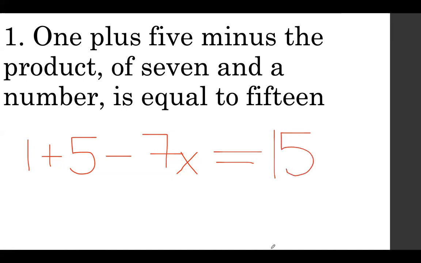So the statement was 1 plus 5 minus the product of 7 and x, so minus 7x, equals 15. And that is all we're going to do for this example. We're not going to solve for x. We're just going to practice writing the equation that matches the statement. Let's go on to the next example.